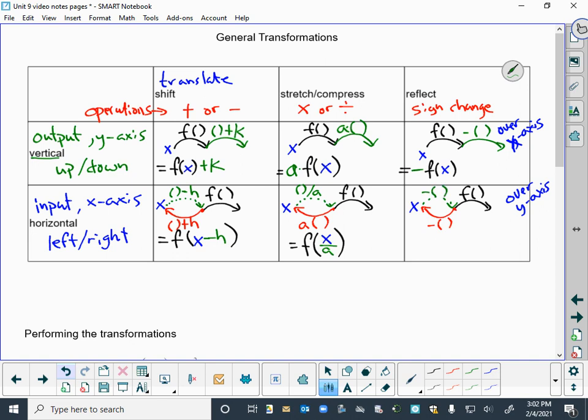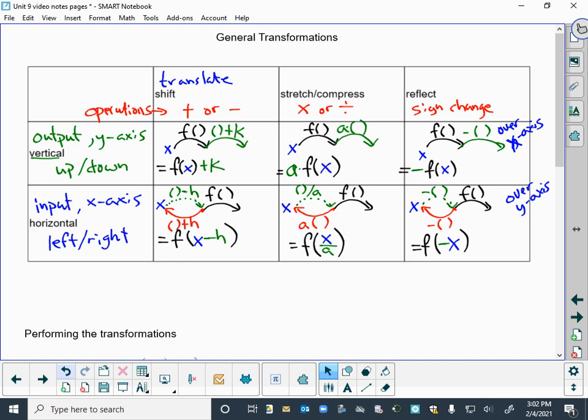If you changed it once, you change it again, you're back to where you started. So we start with the x. The first place it goes is into this green arrow, which says change the sign on that x. That becomes the output of the green arrow, the input of the black arrow. So this is f of negative x. That's what it looks like symbolically there.